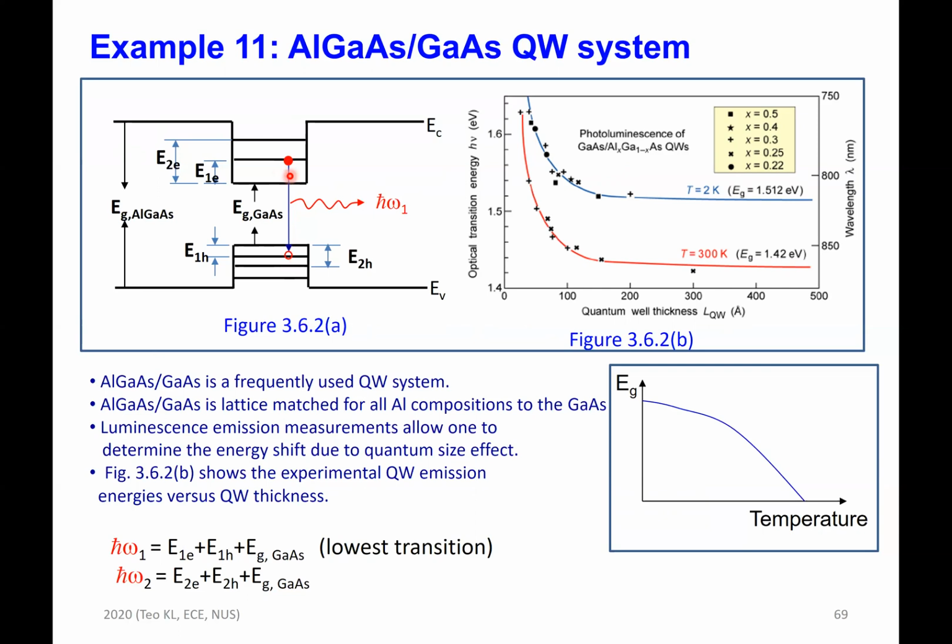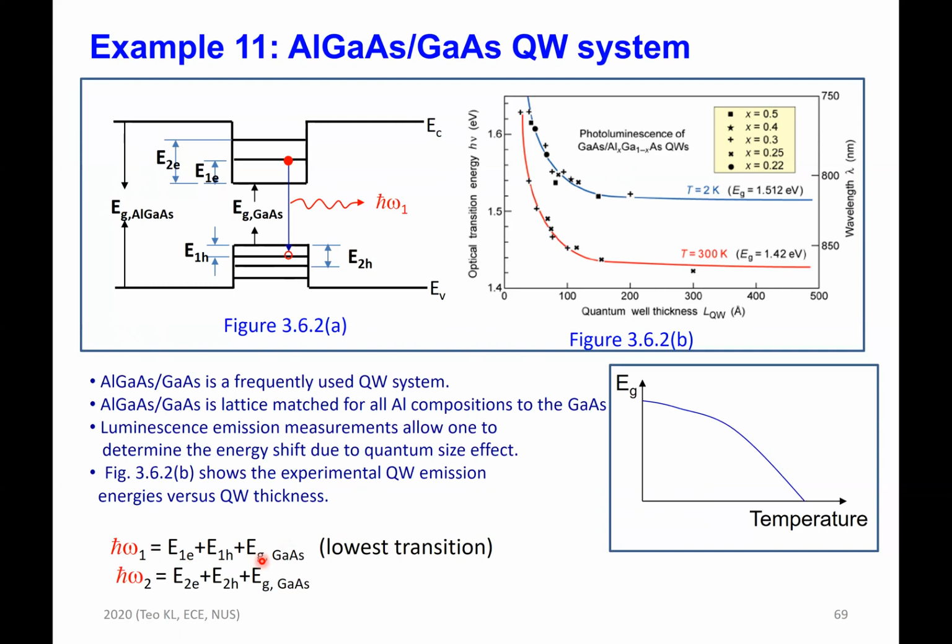The lowest transition energy will be the first lowest electron energy plus the band gap plus the lowest hole energy, that is 1E plus 1H plus the band gap of gallium arsenide.